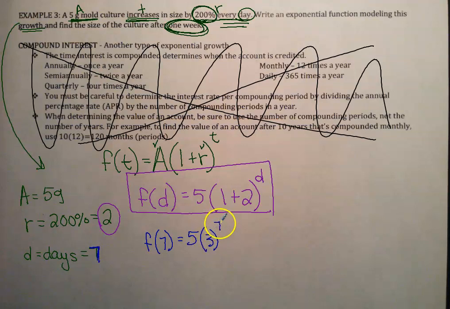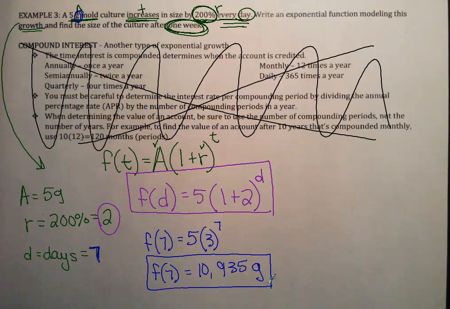What's 3 to the power of 7 times 5? So f of 7, you should get, is 10,935. And what is my unit of measurement? Okay, we have to go back to the problem. It is grams, G.